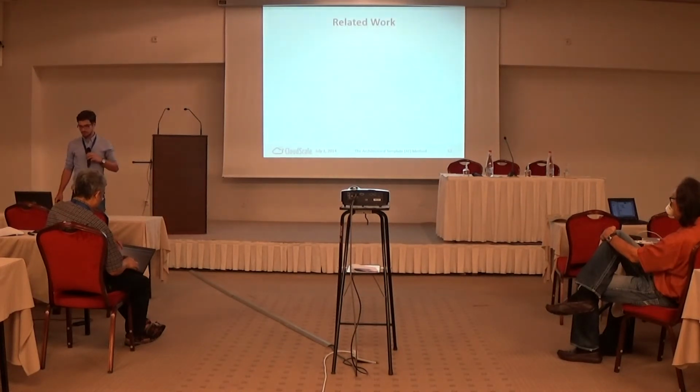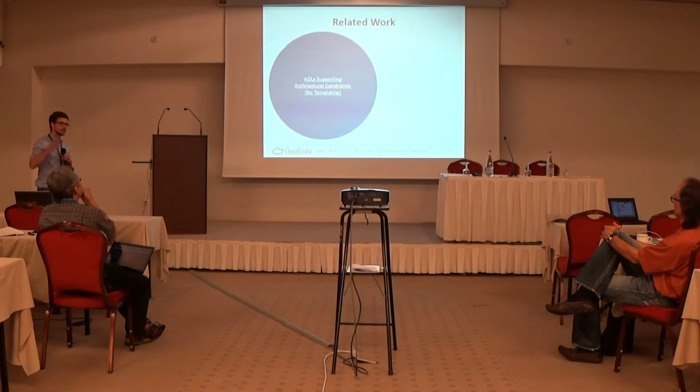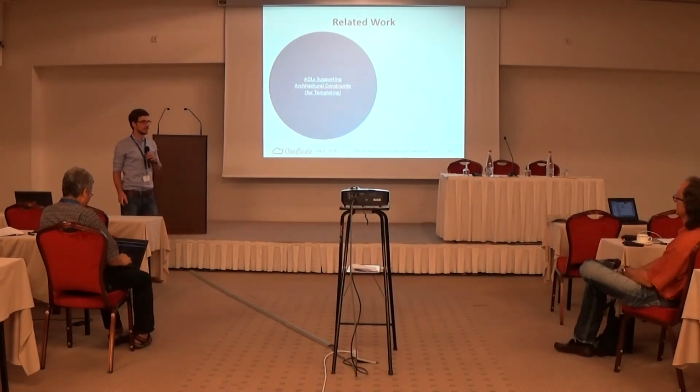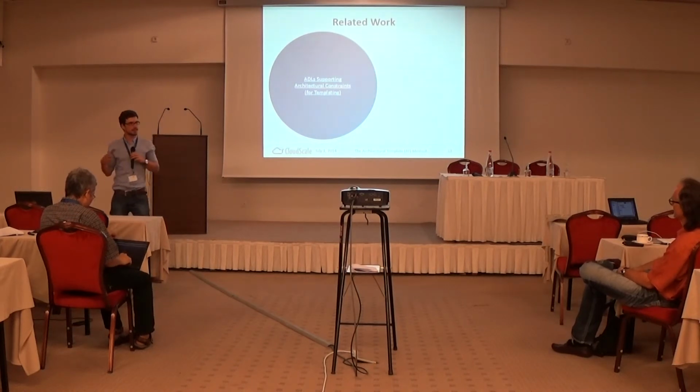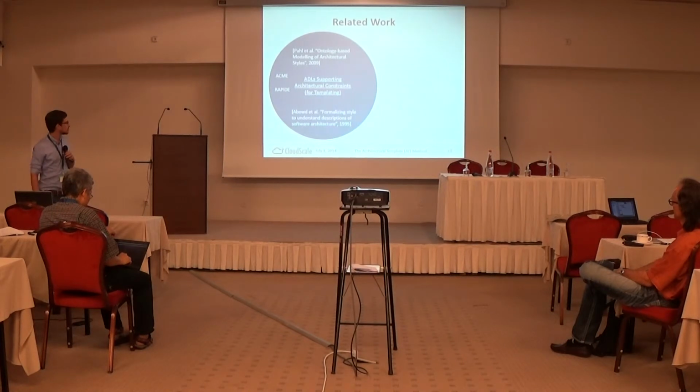Besides that, the related work of architecture templates consists of two categories. First are architecture description languages that allow specifying architectural constraints, which are needed for my templating mechanisms. There are some architecture description languages. The most famous one is ACME, which is a relatively old one.